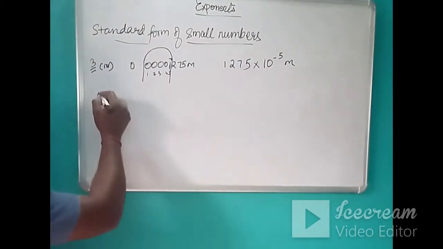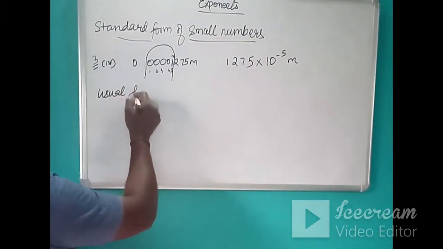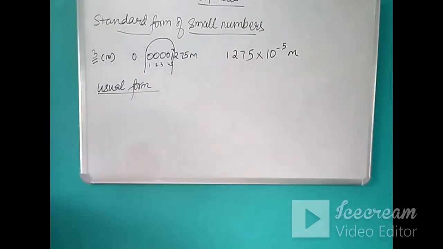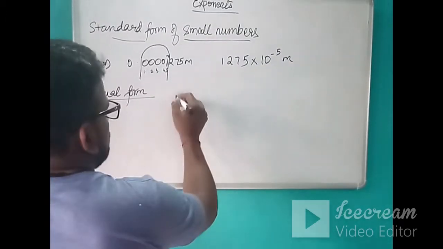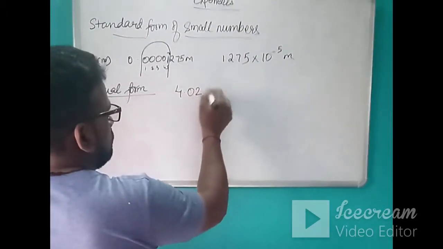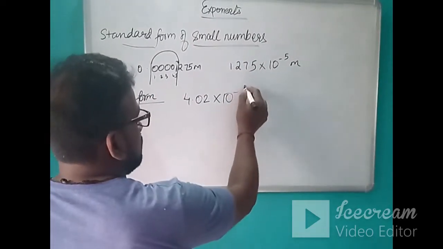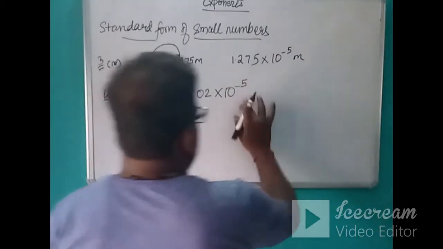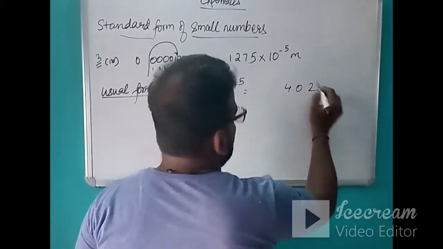Okay, now we will write numbers in the usual form. Usual form means without the power of 10. So suppose a number is there, 4.02 into 10 raised to the power minus 5. So how will we do it? One method is there. You can write 402.